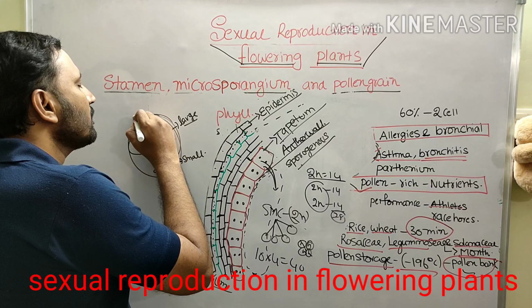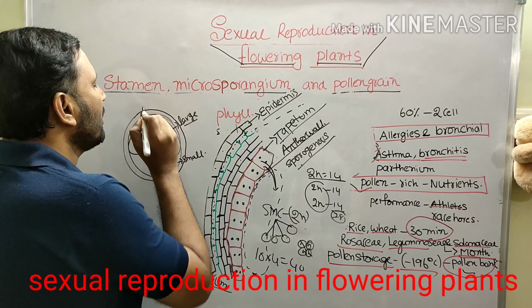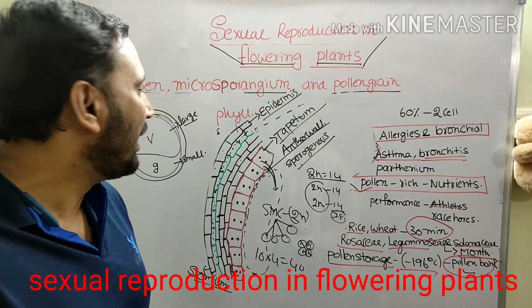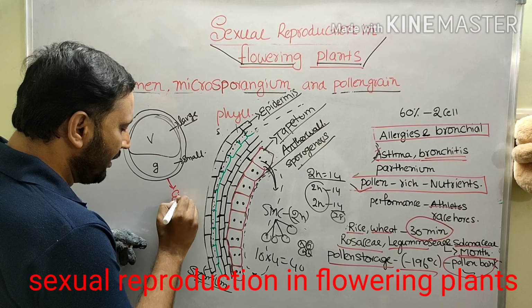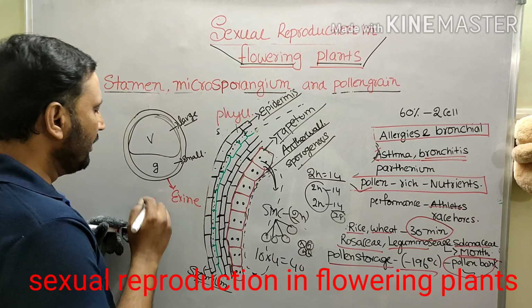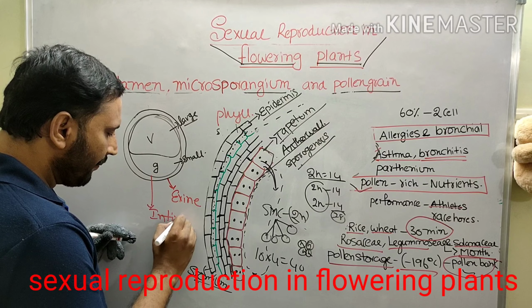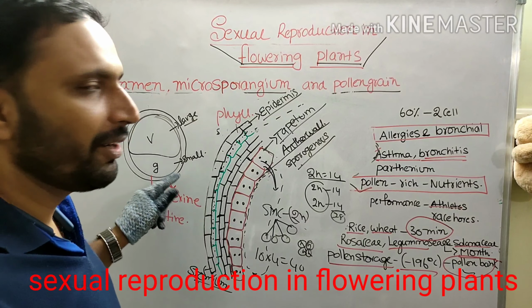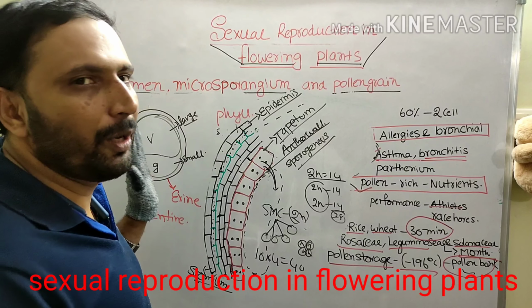This microspore is surrounded by 2 wall layers. The outer layer is called exine and the inner layer is intine. After 2 cells are formed, it is called a pollen grain.